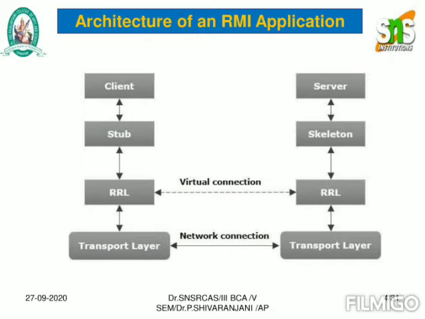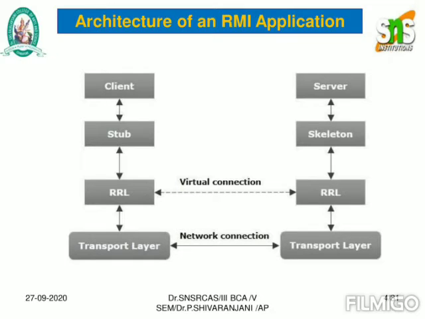The client passes its request to the server by the help of the stub, and the server accepts the request from the client by the help of the skeleton component. It passes the command to the server, which searches for the data requested by the client and sends the data back as a response. So this is the architecture layout of the RMI application.